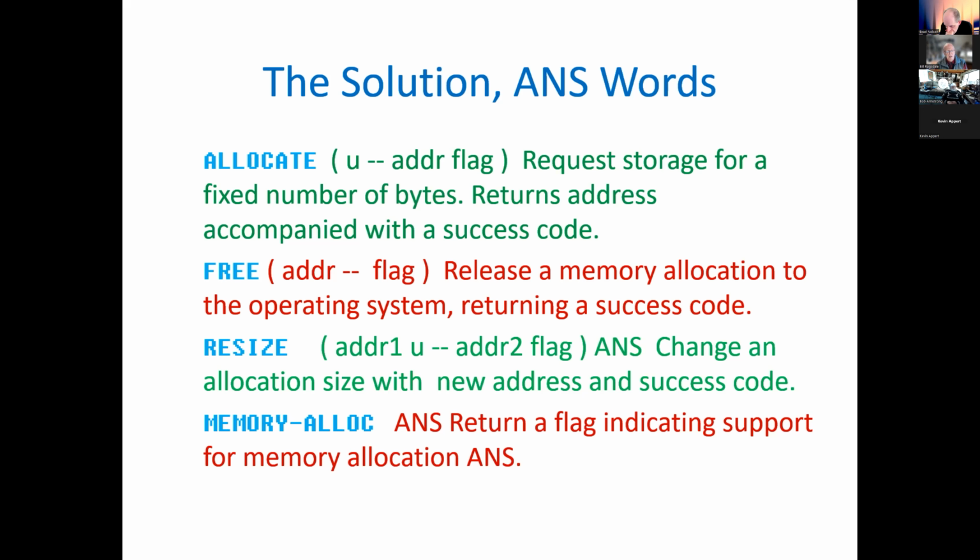If you give it the address of your allocation and execute resize, you give it u, the unsigned value of the number of bytes you're requesting for the new size. Then you'll get back the address, which is the new allocation, and a flag on successful execution.